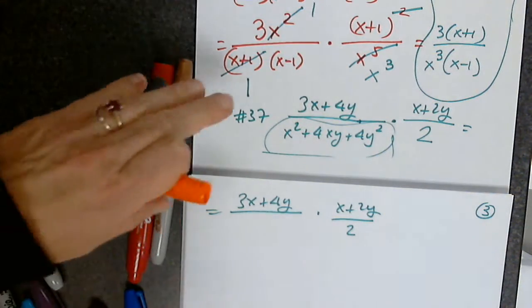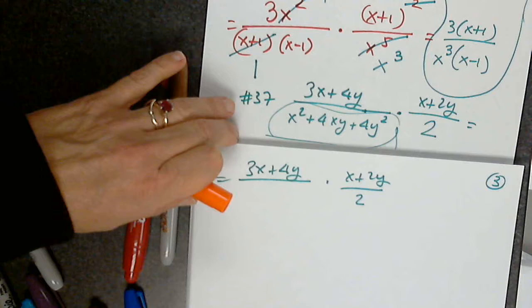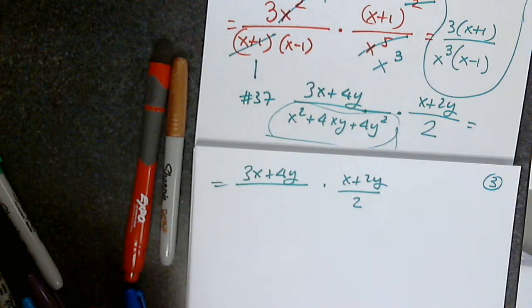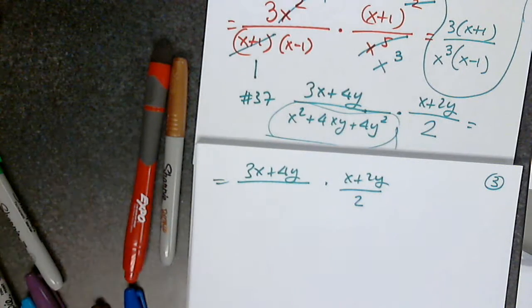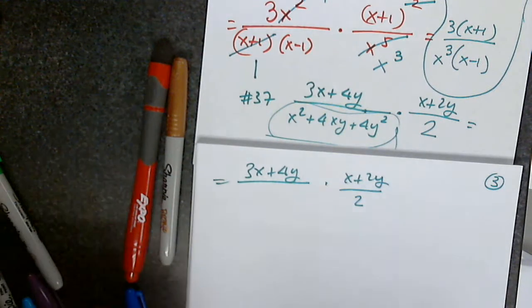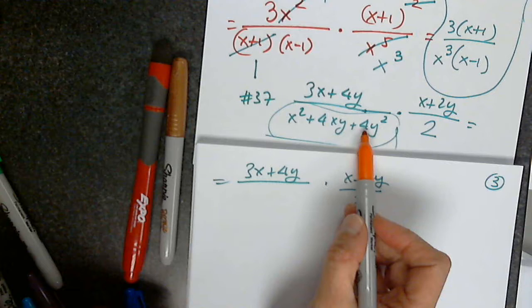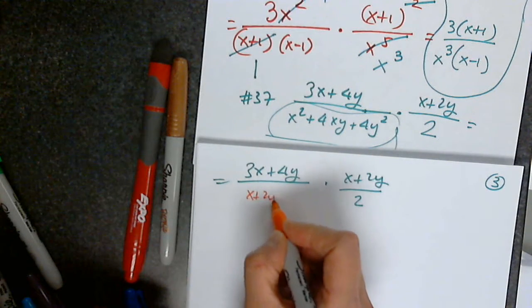Would it be x plus 2y, x plus 2y? It's a perfect square. X plus 2y. Exactly.